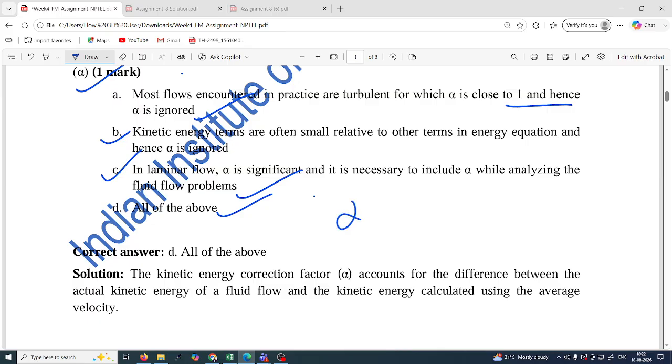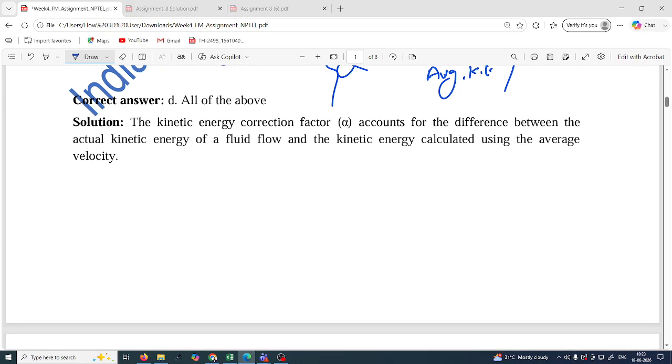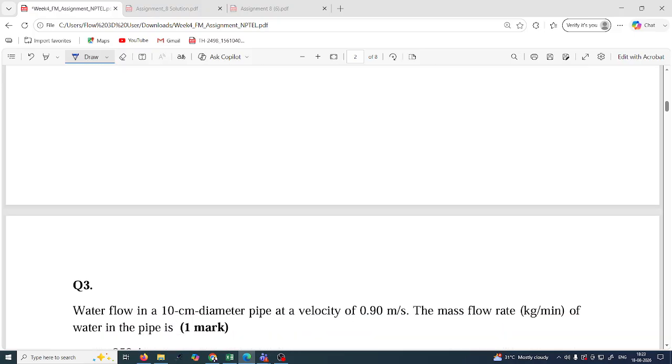Your kinetic energy correction factor is nothing but the ratio of your actual kinetic energy divided by your average kinetic energy. So this will give you the kinetic energy correction factor. Let us remember, this question is very important from the competitive exam point of view also.